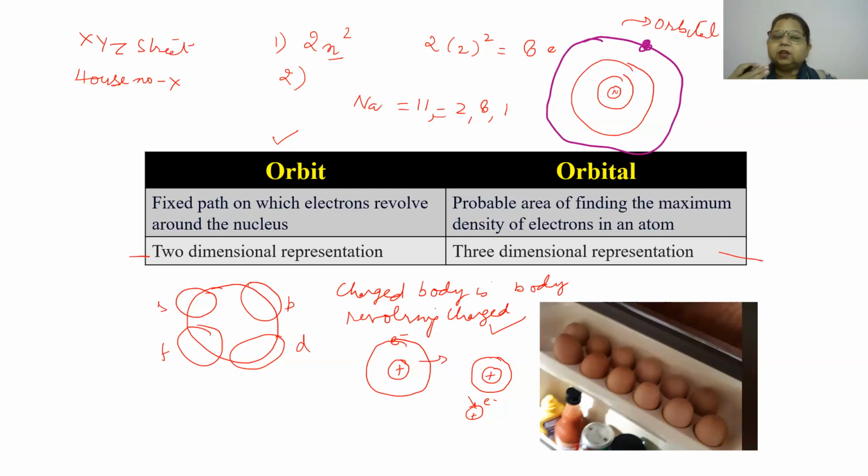Orbit is a fixed path, whereas orbital is just a probability density, the electron cloud or negatively charged cloud, where the possibility of finding an electron is maximum. The second point is easy to understand: 2-dimensional space versus 3-dimensional space.